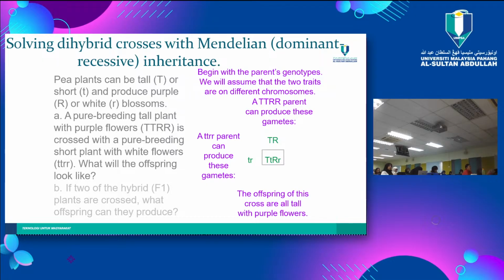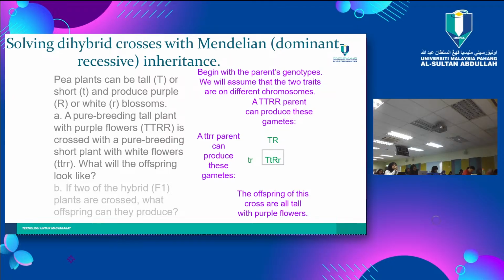So in solving the dihybrid crosses, you need to begin with the parent's genotype. Assume that the two traits are on different chromosomes. A pure breed can produce this gamete, and a pure breed of recessive can produce this gamete.